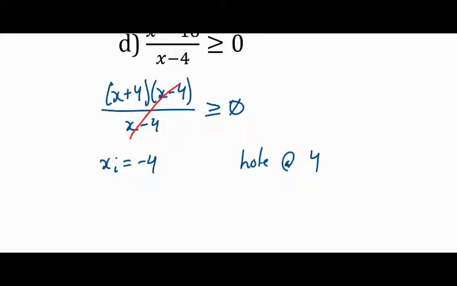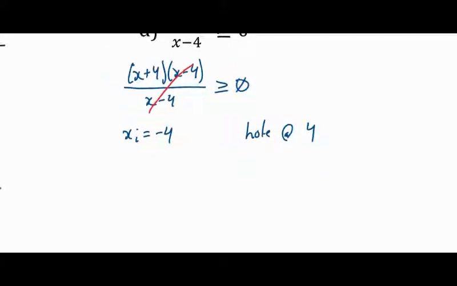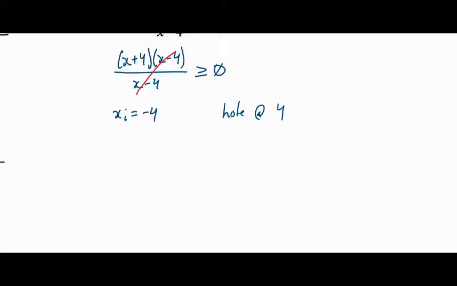No vertical asymptotes because the x minus 4 is gone. Now, when you do the testing, you can just punch it into the x plus 4 because the rest of it is going to cancel anyway.